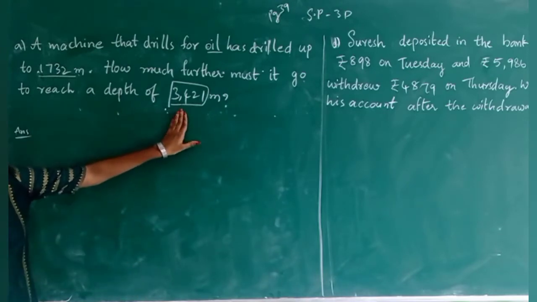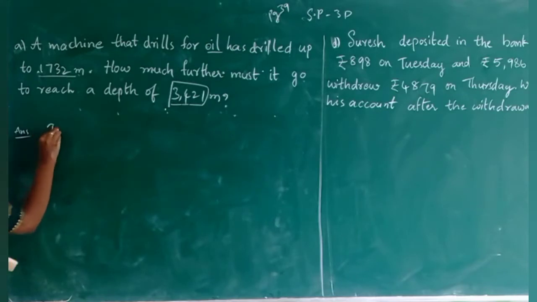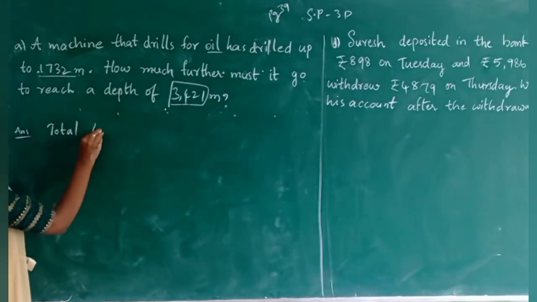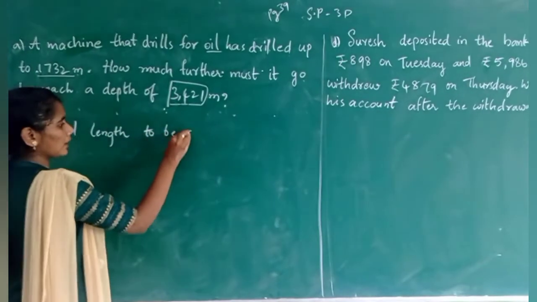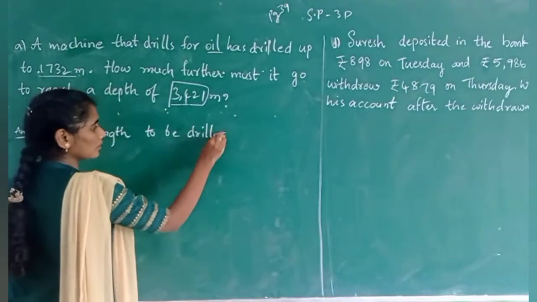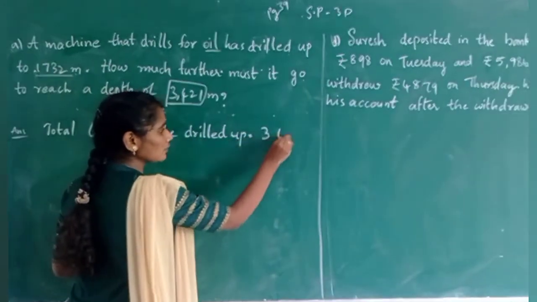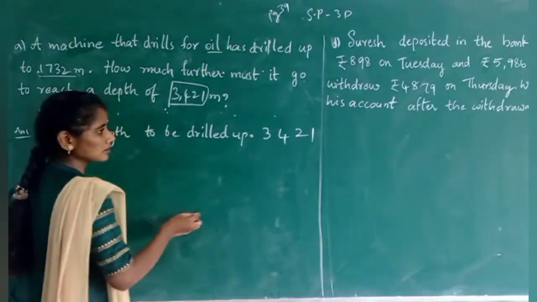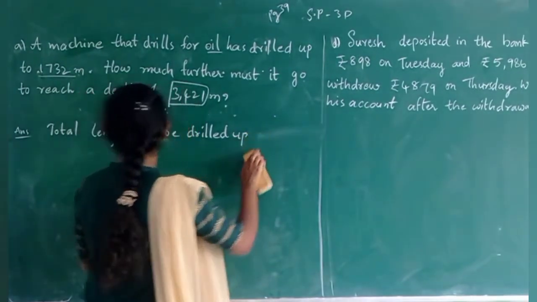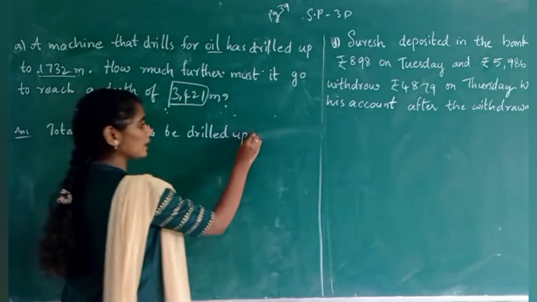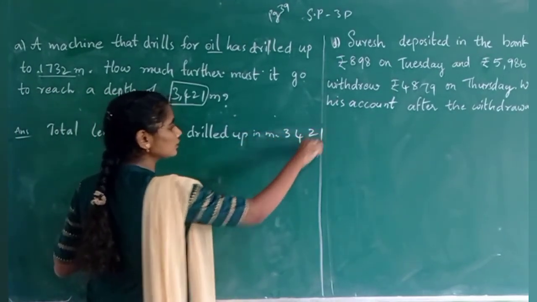To find that, first we write the total length. The total length to be drilled up, in meters, is 3421.